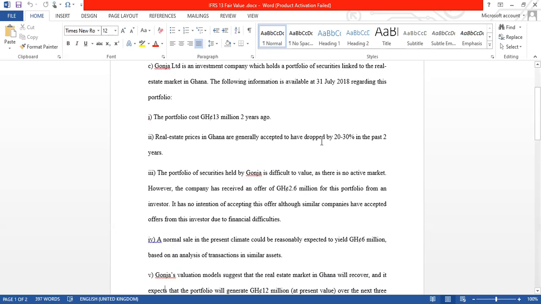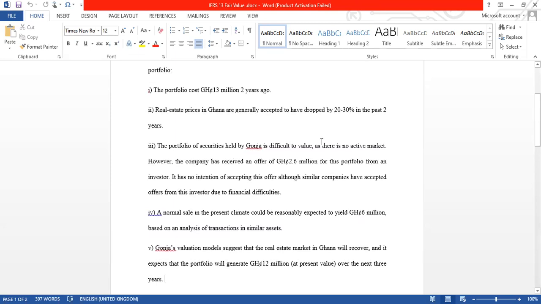Point 2 says that real estate prices in Ghana are generally accepted to have dropped by 20 to 30% in the past 2 years. Point 3 tells us that the portfolio of securities held by Gonja is very, very difficult to value, and there is no active market. If I were you, I'll also underline that: no active market.